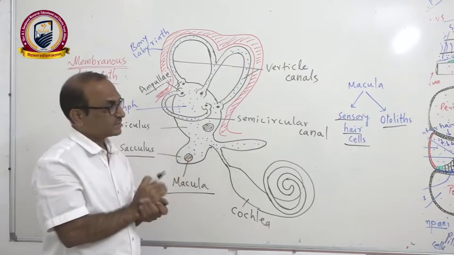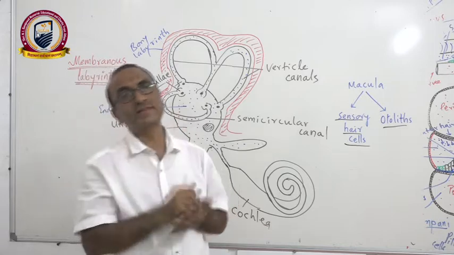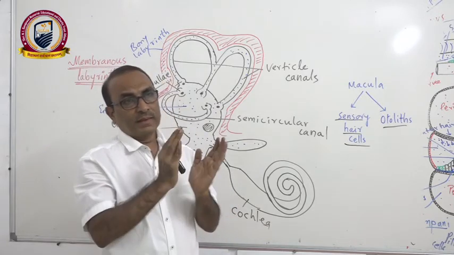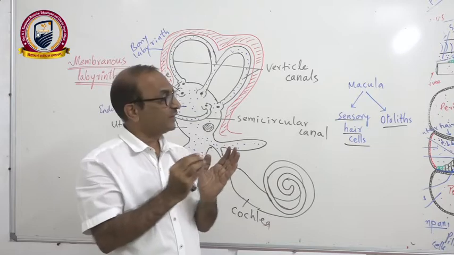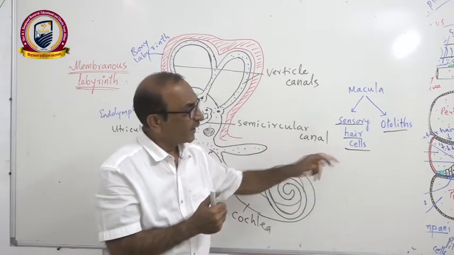And what happens is, when your head tilts to one side, the otoliths, the grains, will be pressing onto the cilia of the hair cells.